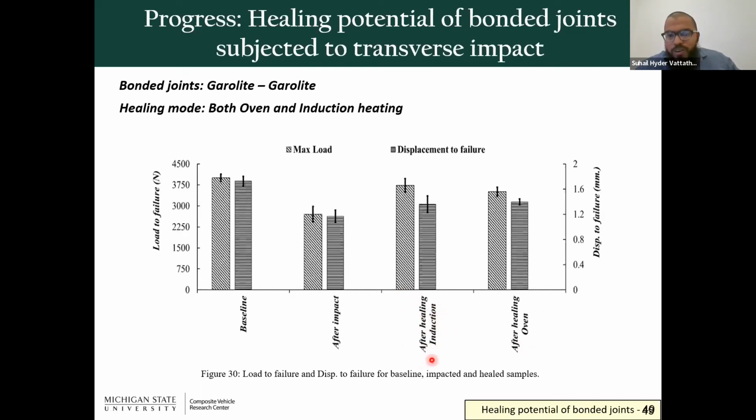Definitely we can go for induction heating. Why? Because it is much faster, and you can do the repair rapidly. And this is something that the industries are looking for. Over here, we healed the bonded joints in a matter of 50 seconds. And over here, we healed the bonded joints in nearly 1 hour.